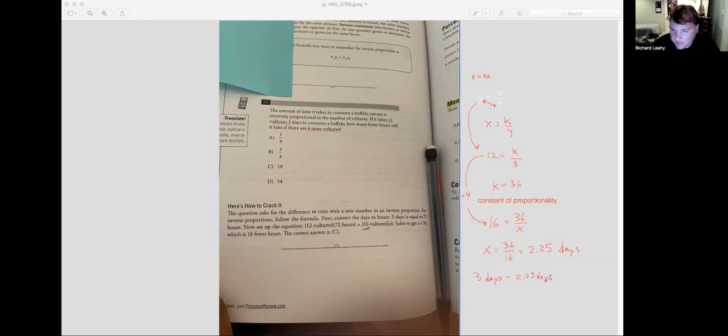And we are left with a mere 0.75 days. Now 0.75, you might say, is equal to 3/4, but it is not the answer. No. We must take 0.75 and multiply it by the number of hours in the day, which is 24.